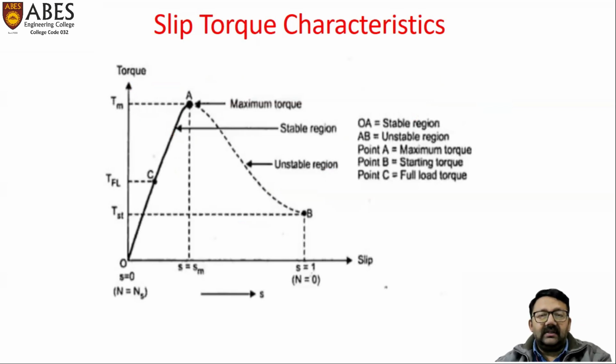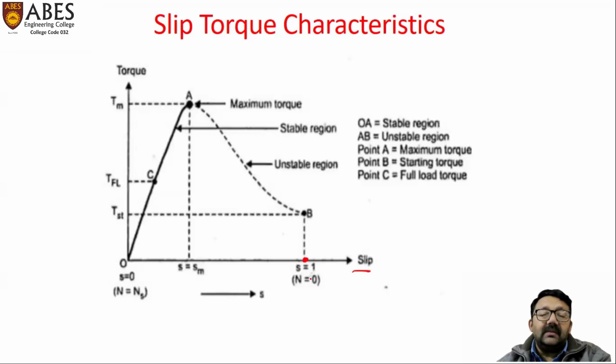First of all, before discussing this curve, let us discuss the scale of the curve. On the x-axis, we have plotted slip, and we all know slip and motor speed are inversely proportional to each other. At this particular point, the value of slip is 1.